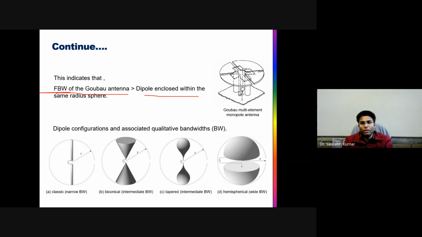It is maximally utilizing the space within the sphere, and hence the efficiency is increased, and hence the fractional bandwidth is also increased.